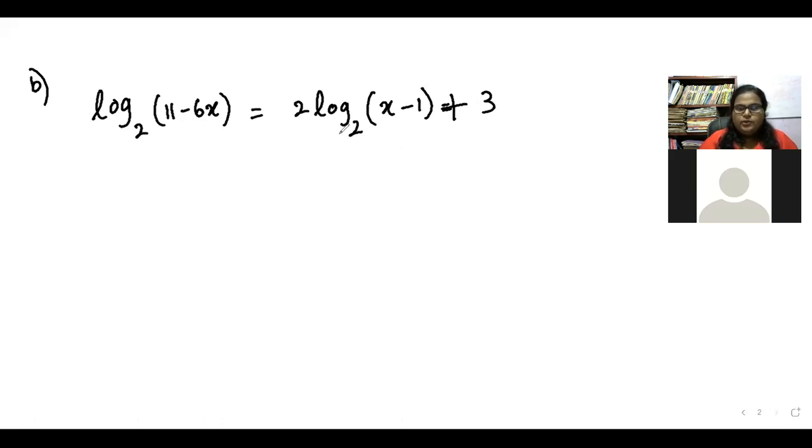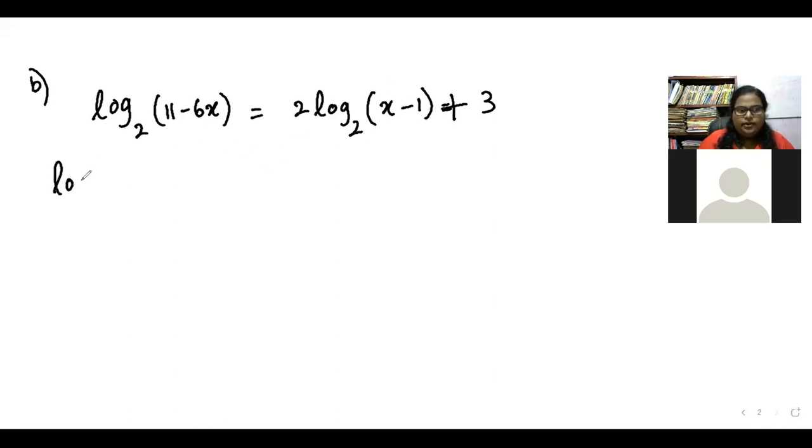So the thing is to solve this one, that means to get some value for x. Our variable in this equation is x, so we have to get all x terms together on one side. So I'm going to take this 2 log base 2 of (x minus 1) to the left hand side.